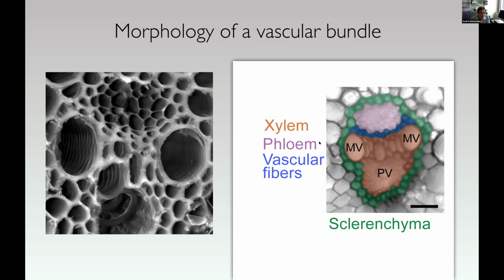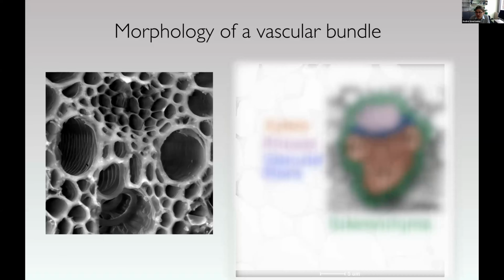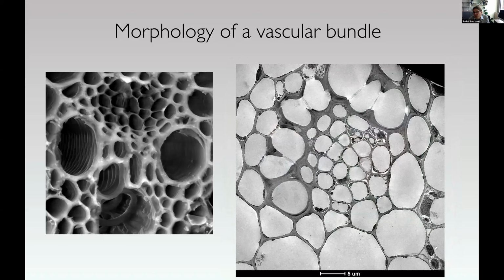Very important for water movement inside the xylem cells are these invaginations. You can see that the inside of the cell wall of the xylem cells is not smooth. It has this pattern, and this pattern is called pits. Here is a transmission electron micrograph of the vascular bundle.